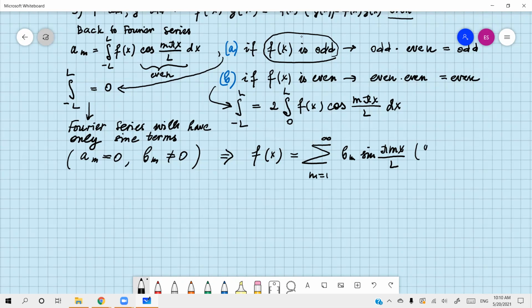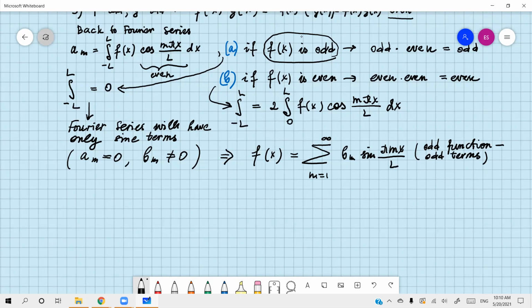So for an odd function, mnemonic rule: odd terms. By saying odd, I mean sine. Sine is an odd function, okay? That's going to be like a conclusion. For an even function, we are going to have the cosine terms.